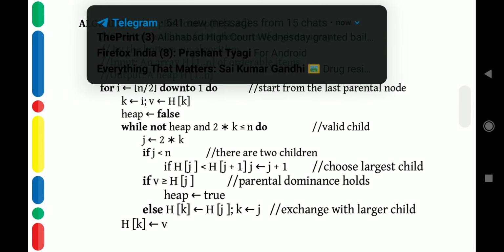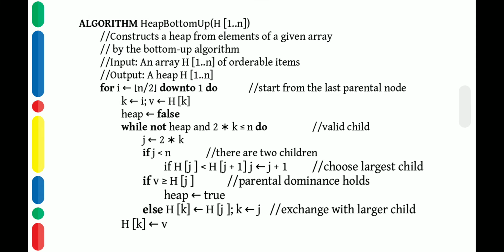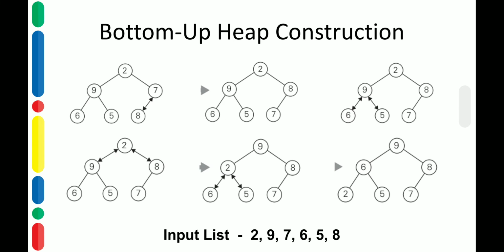So what we do is we copy the largest child into the kth position and we set k now to j. j now contains the position of the largest child. At that largest child, we write the value v, which is nothing but the value of the parent. This is how we perform an exchange operation, as has been shown here.